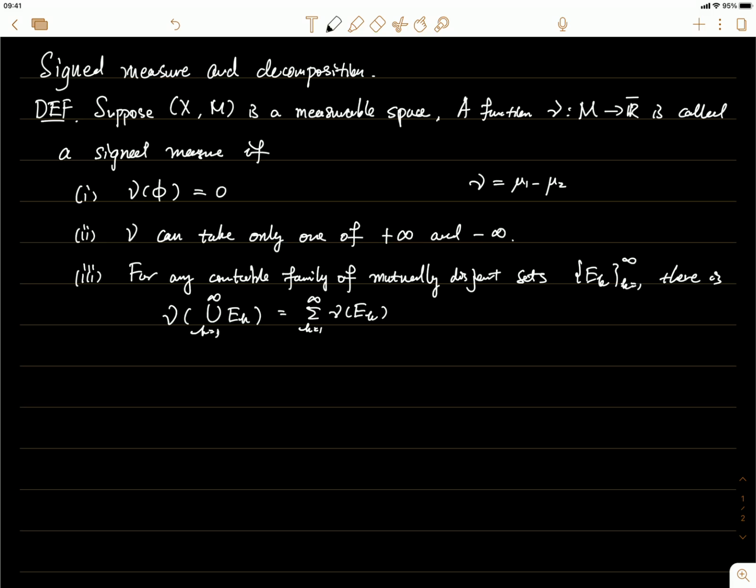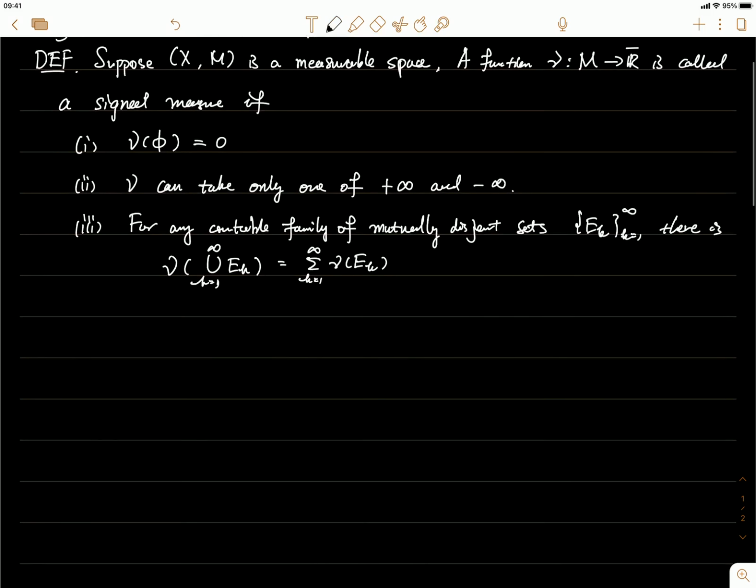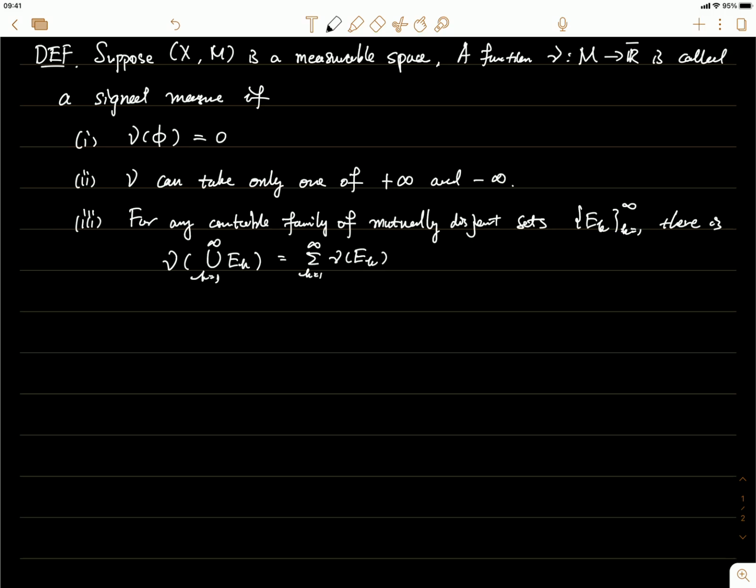If this one is finite, then the other could be positive infinity, and the difference could be negative infinity, but never positive infinity. That's the reason why we require the second item. This is an extension of the measure we learned before. And apparently, if nu only takes non-negative values, then nu is just the regular measure, also called a positive measure.